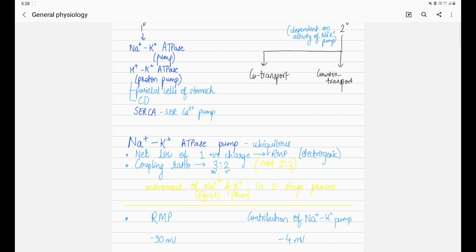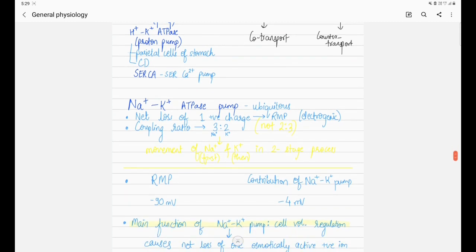So there is a net loss of one sodium ion, or one positive charge. So it is an electrogenic pump and contributes to RMP. If the RMP is minus 90 millivolts, as normally seen in nerves and muscles, then the contribution of the Na+ K+ pump is minus 4 millivolts.